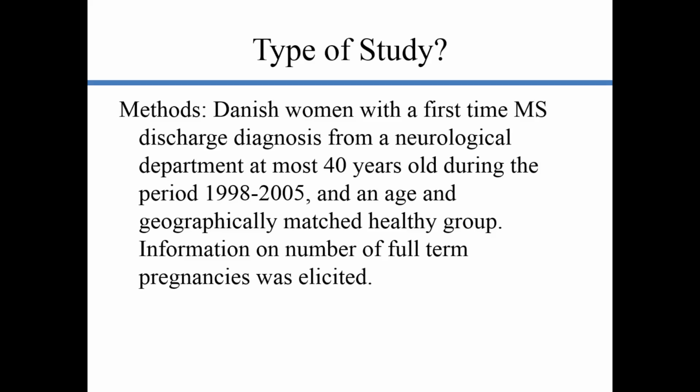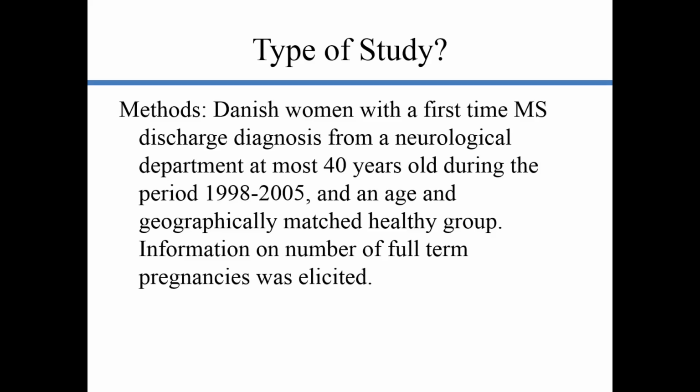So that's who these people were. In other words, women with multiple sclerosis and women from the same area. That's what it means, age and geographically matched. They got people from the same age range and the same area where they lived who did not have MS.